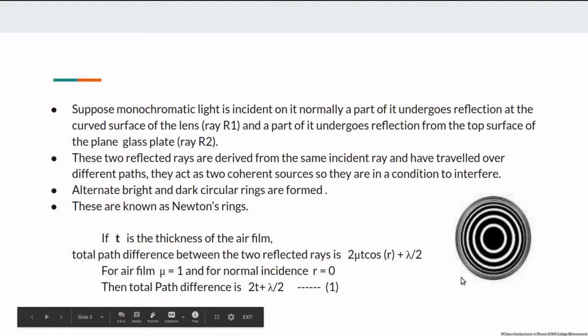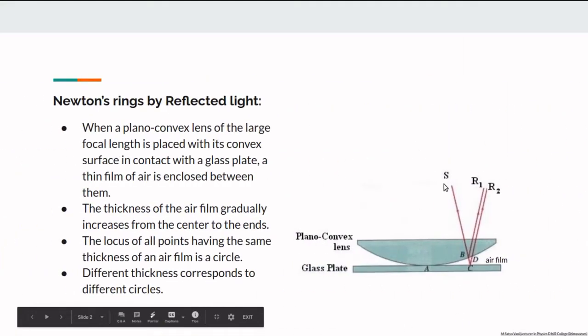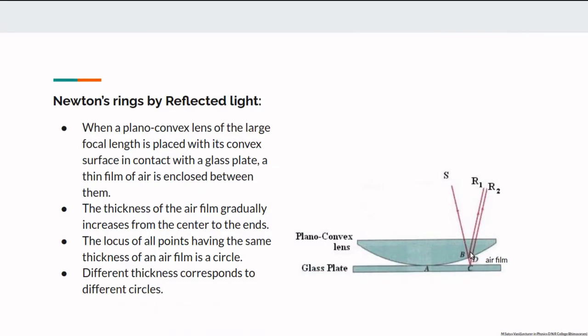Suppose a monochromatic light is incident on it normally. A part of it undergoes reflection. Suppose this is a monochromatic source of light. When it is incident normally, a part of it is reflected at the curved surface of the plano-convex lens, that means at the boundary of glass and air film.